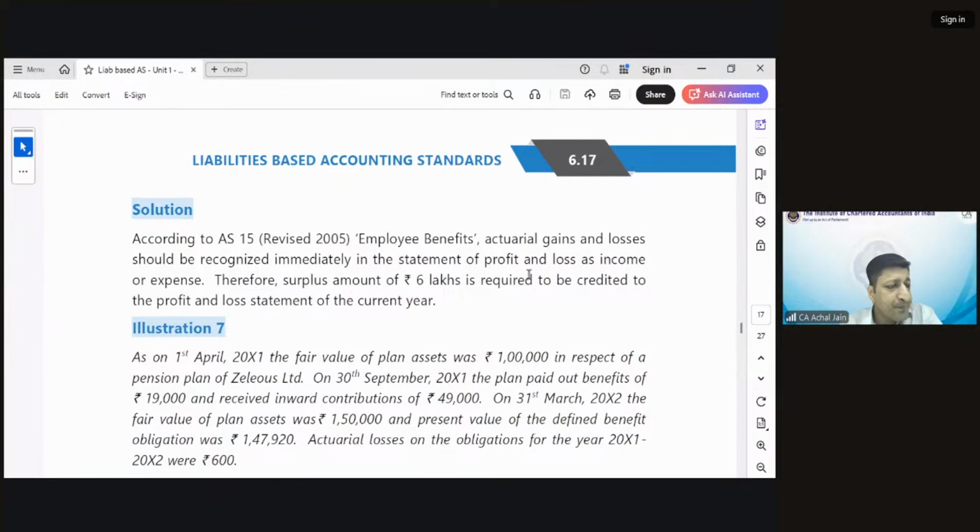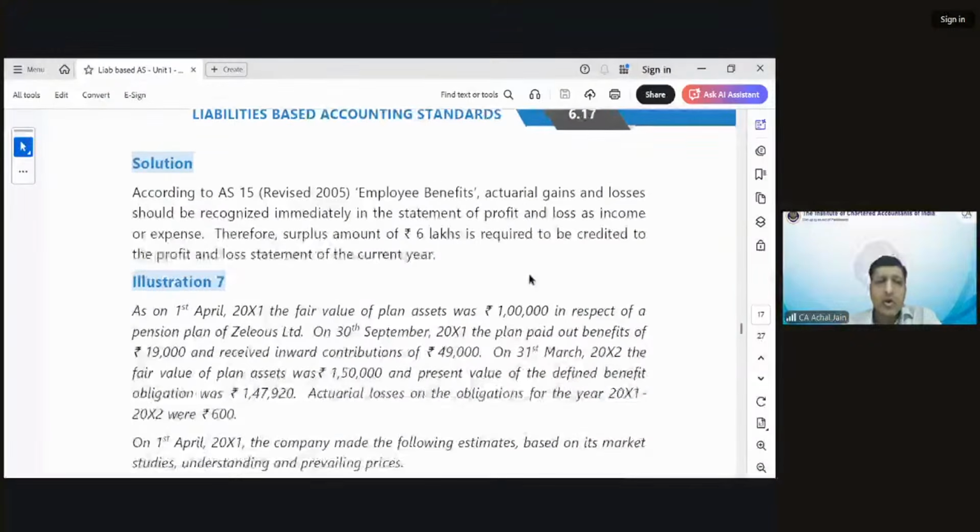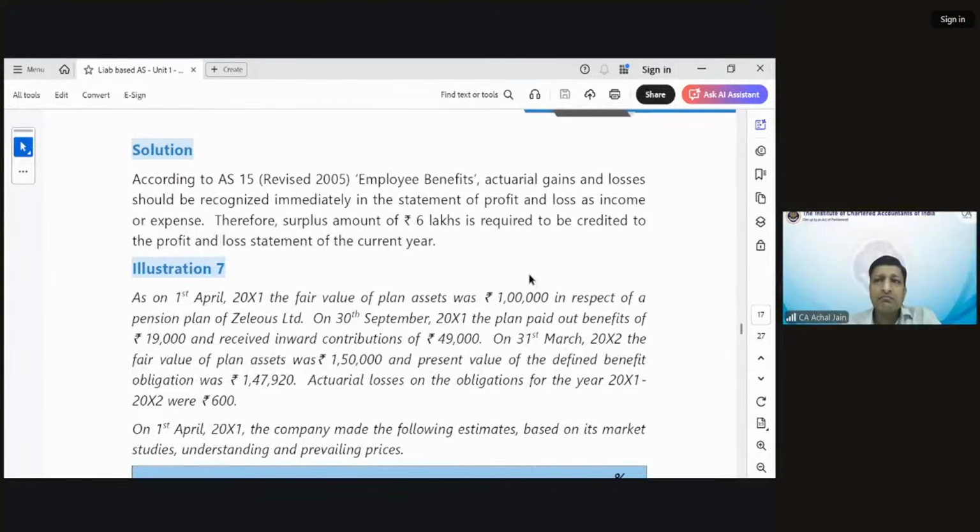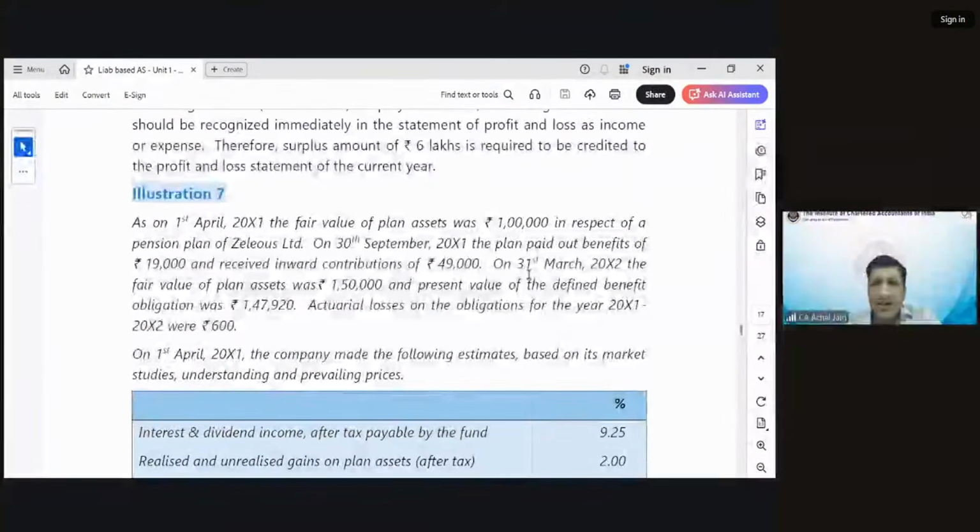Now, actuarial losses on the obligations for the year X1, X2 were 600. During the year, there have been some changes in assumptions which have resulted in actuarial loss. It's not a gain, it's a loss.